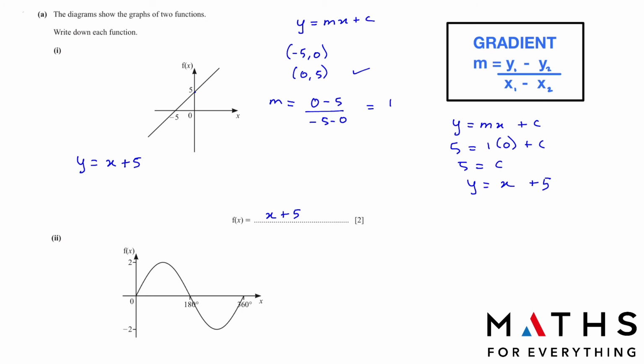Now the second function, you need to know your trigonometry graph. This is a sine graph. But there's a little bit of change in this from your normal sine graph. In your normal sine graph, your maximum y value is 1. And the minimum y value, this shape here, is negative 1. Something like this.